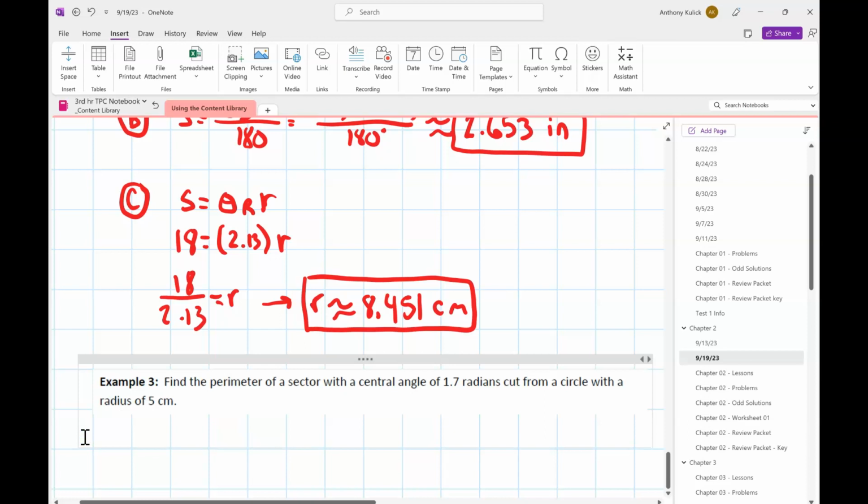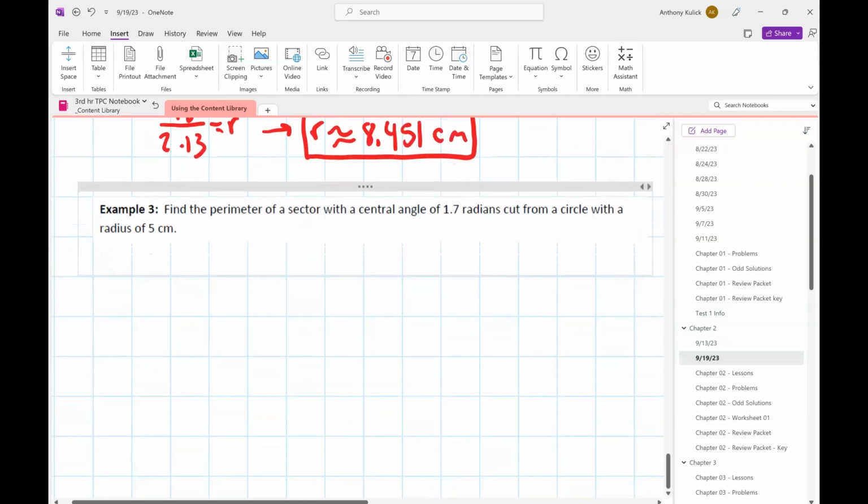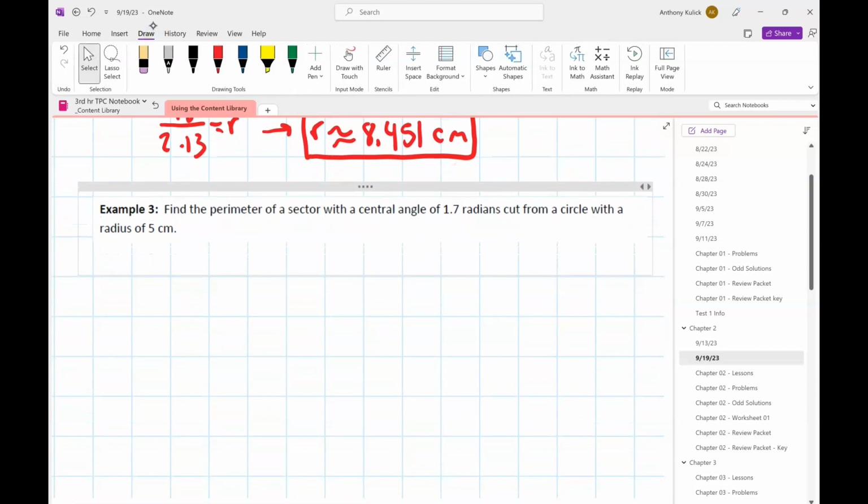Here it says, find the perimeter of a sector with a central angle of 1.7 radians cut from a circle with radius 5. Who remembers what a sector is?